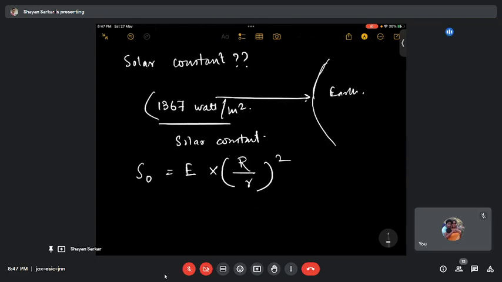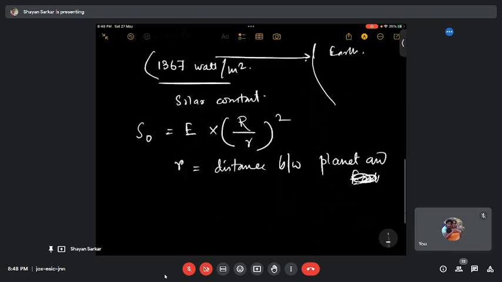Okay, what is small r? Small r is the distance between planet and sun.